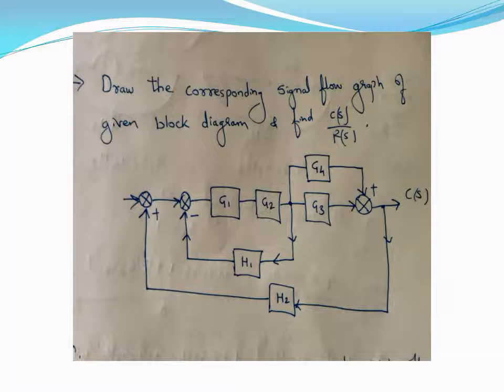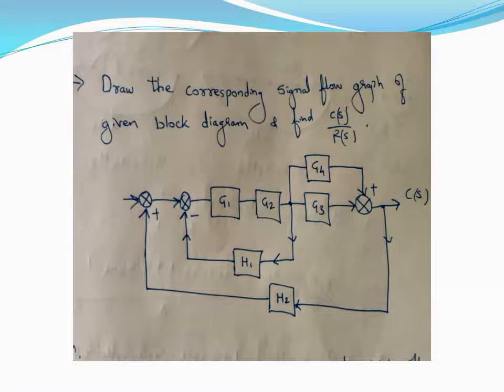The second summing point we can name S2. Then we have G1, G2. After that we have a takeoff point, the first takeoff point, so we'll name it T1. Then after G3 we have a third summing point, so we'll name it S3. After S3 we have a feedback point, or takeoff point, which we can name T2.